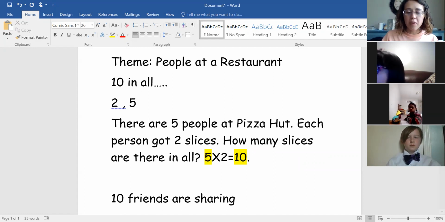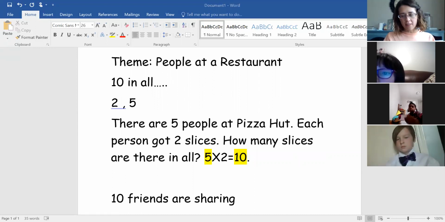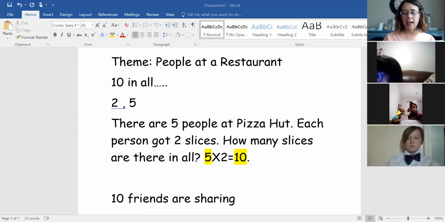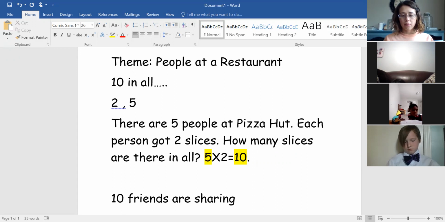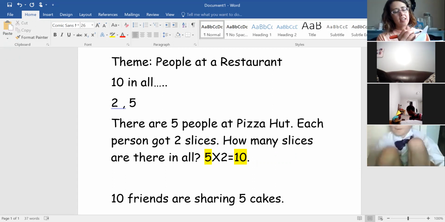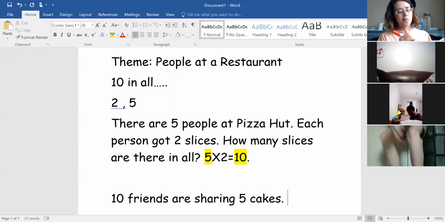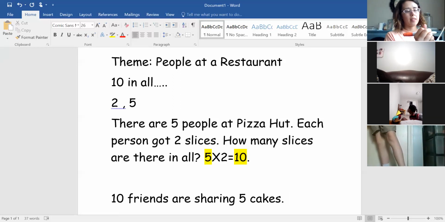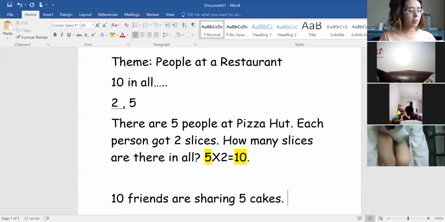Well, the only thing is we're working with a fact family, so we have to use the numbers in our fact family, which is 10, 2, and 5. Well, that would be impossible. If we started with 10 friends sharing like 5 cakes, you would have to go into fractions.